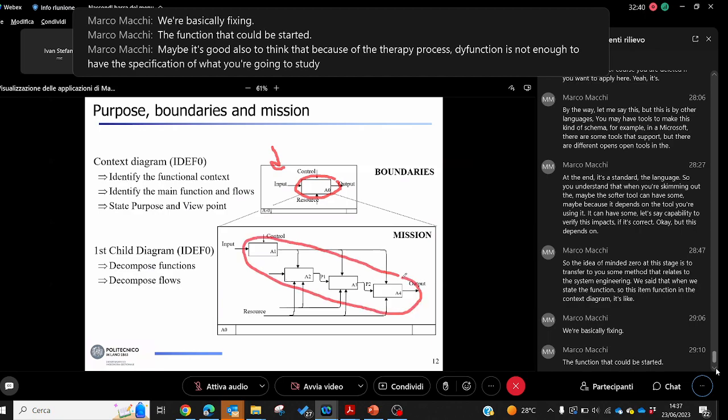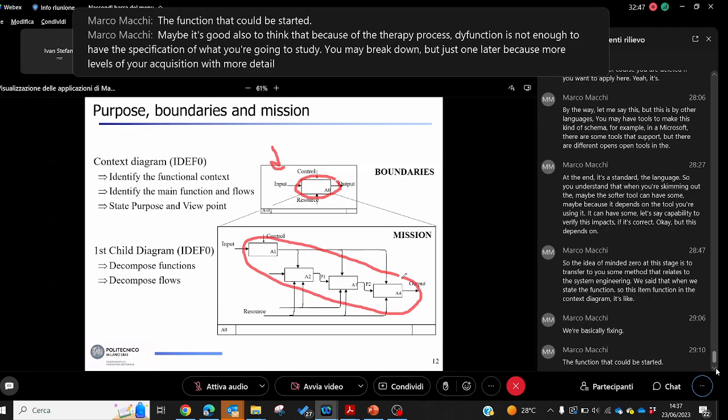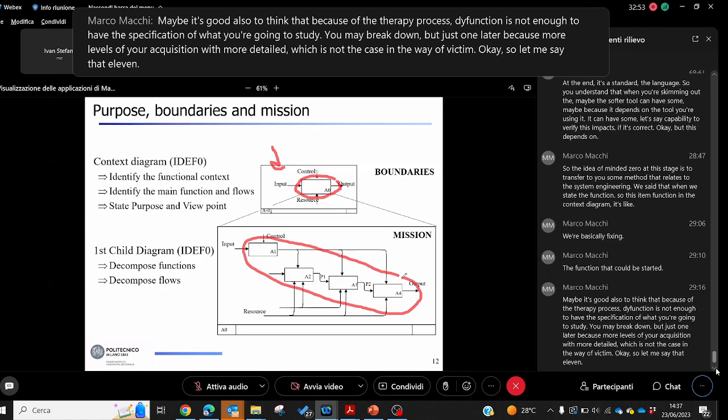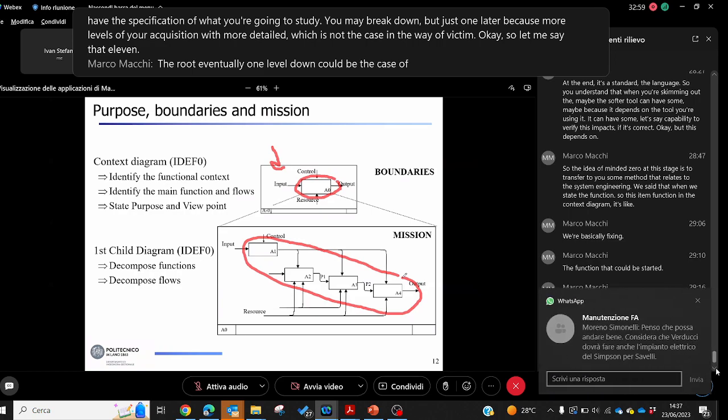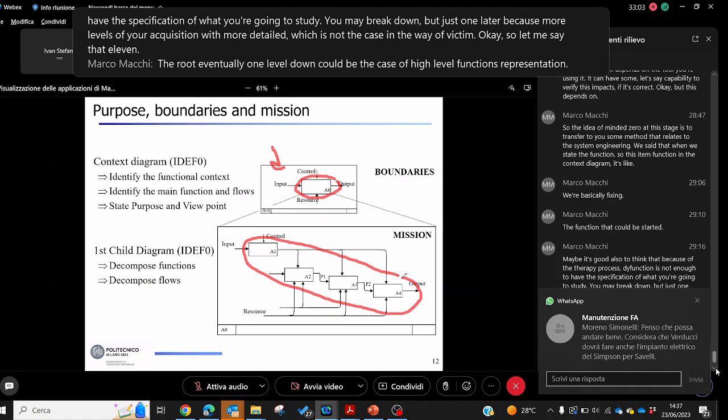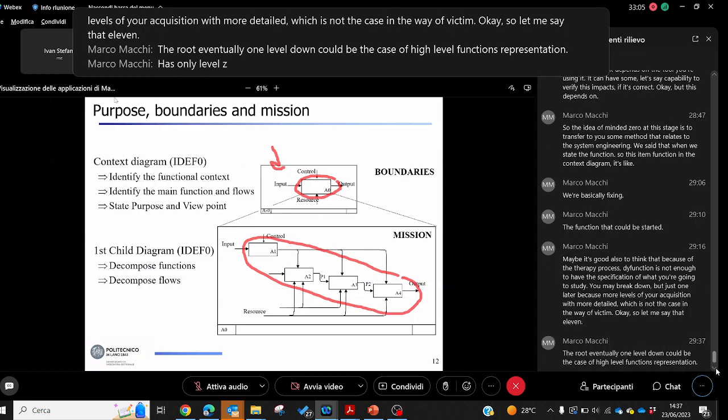You may break down by just one level, because more levels of hierarchization means more detail, which is not the case at the real beginning. So level 0, the root, and eventually one level down, could be the high-level functions representation. Okay, no more. It could even be only level 0. I cannot give you a general rule on this.